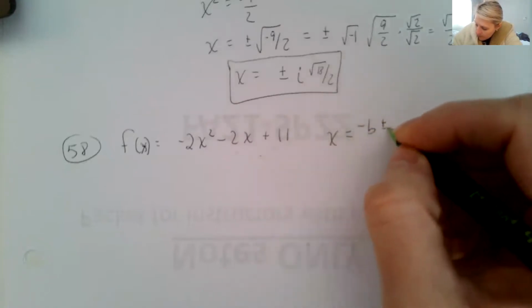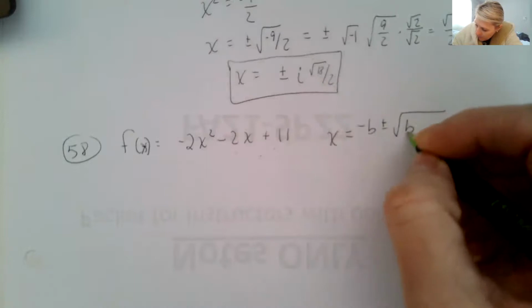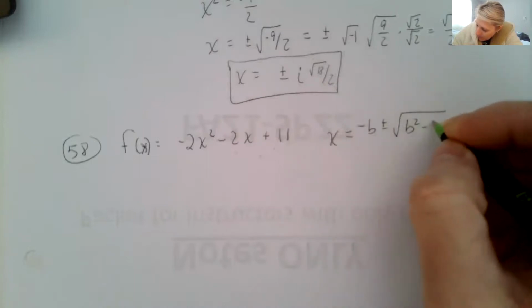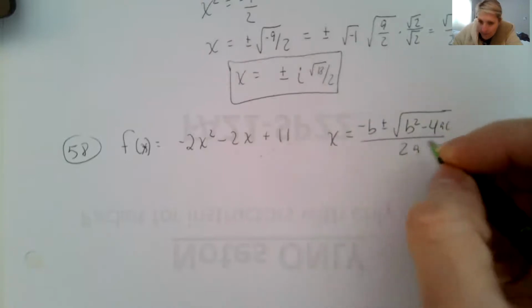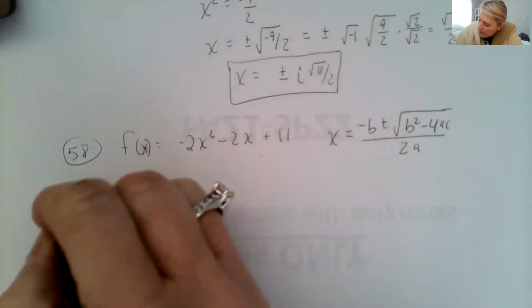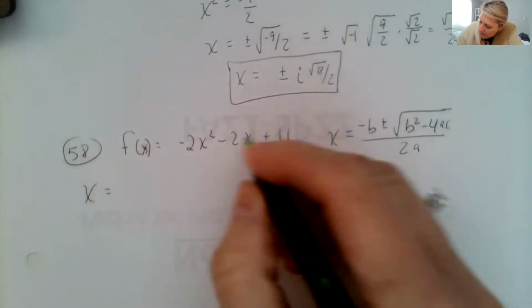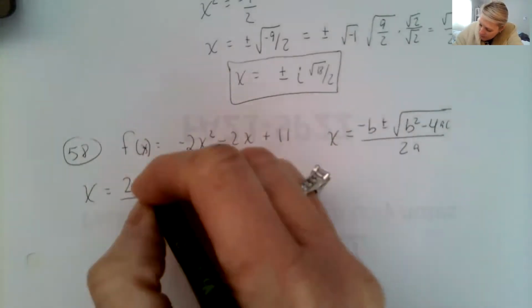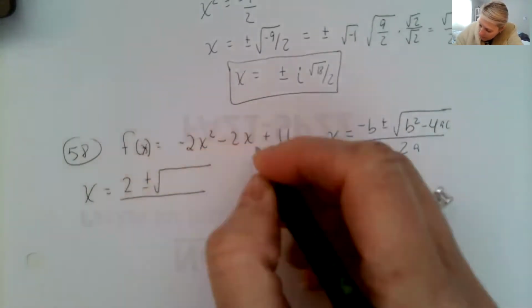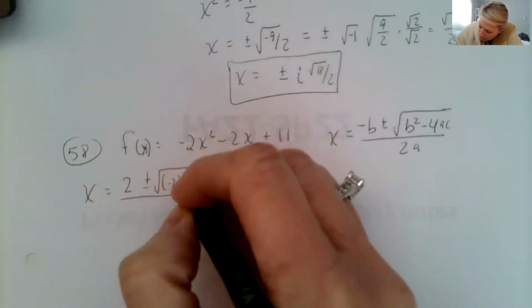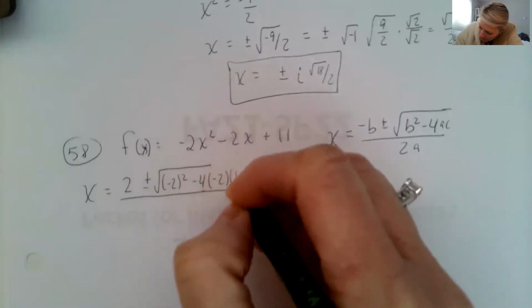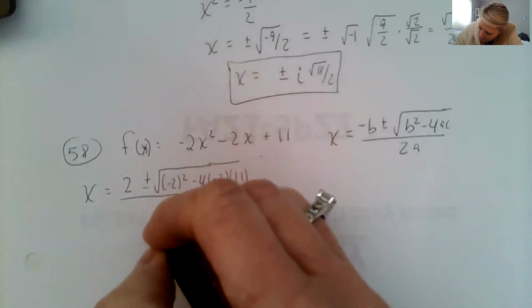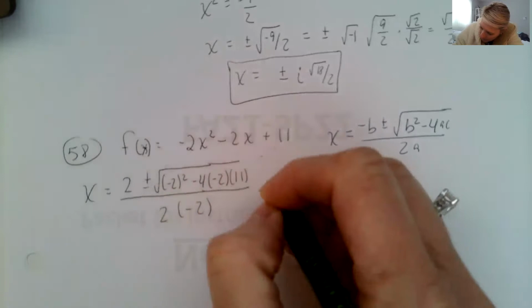Opposite of b plus or minus the square root of b squared minus 4ac all over 2a. So ours is going to be x equals the opposite of b, so 2 plus or minus the square root of a negative 2 squared minus 4 times a times c all over 2 times a.